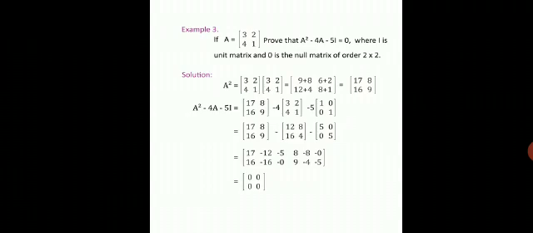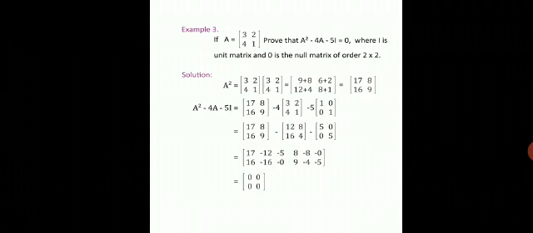So that is equal to, write A square as it is, minus multiply matrix A by 4, you get 4 into 3 is 12, 4 into 2 is 8, 4 into 4 is 16, 4 into 1 is 4. Similarly, last one, 5 into unit matrix multiplied by 5, that is 5 into 1 is 5, 5 into 0 is 0, 5 into 0 is 0, 5 into 1 is 5.